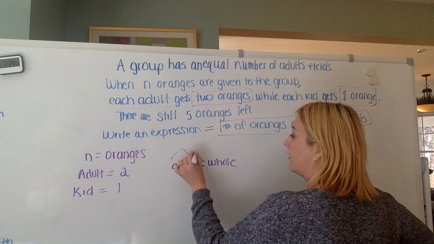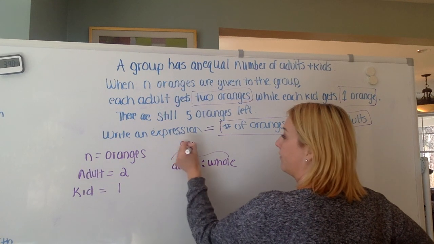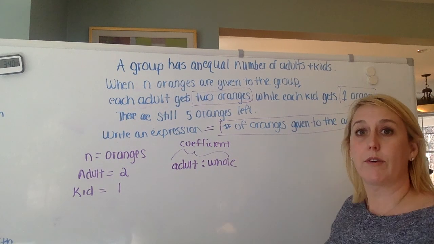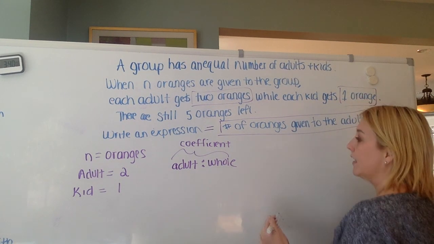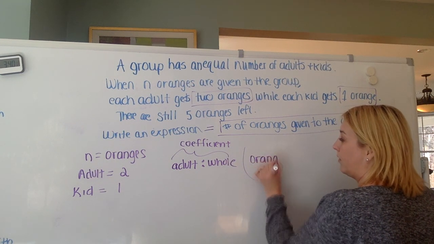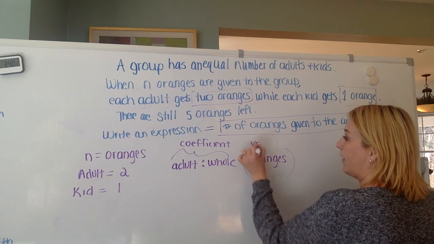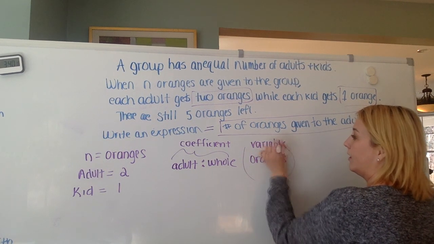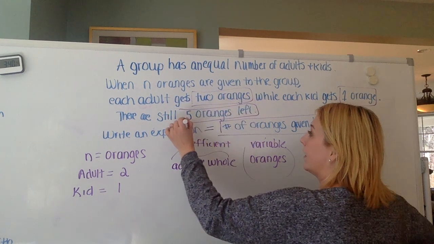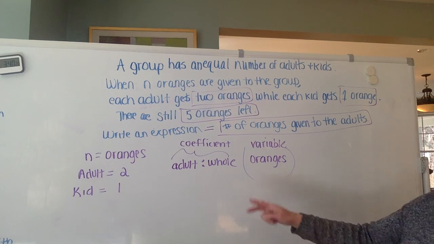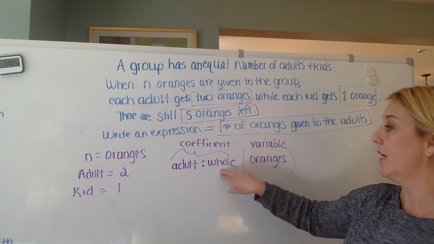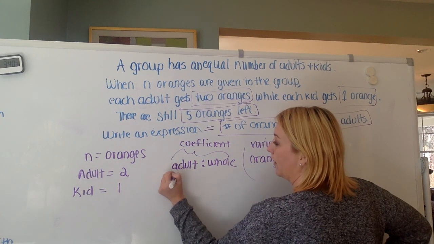That is going to represent your coefficient. Then we know whatever fraction that is, or ratio that is, it's going to end up being multiplied by the number of oranges, right? And that's where you have a variable. And then we know that there is a constant, because even when these are given away, whatever the fraction or the relationship between the adult as a numerator and the whole as your denominator, right?